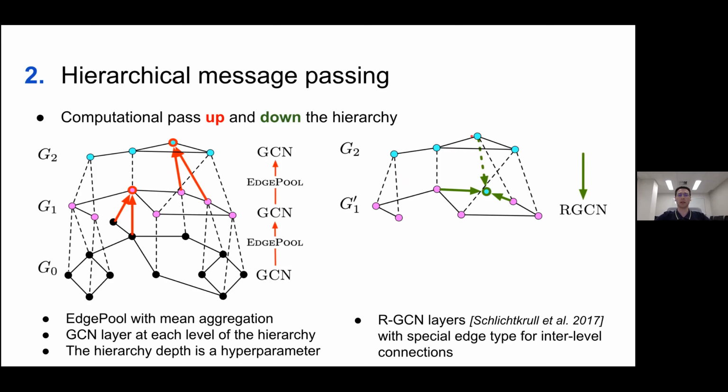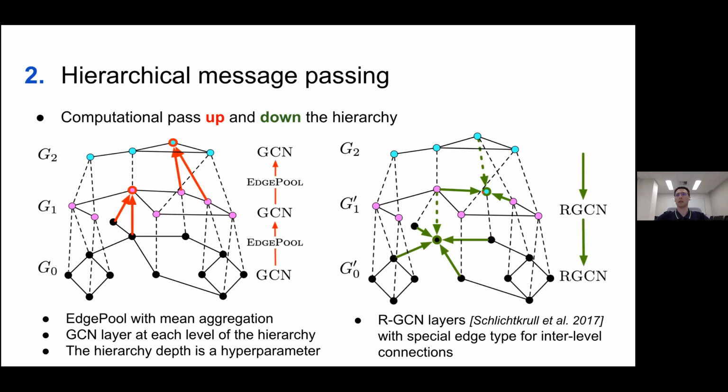So the model can learn that it's processing this hierarchical information in a different way than any other messages coming from the neighbors. And this way we go back down to the original graph and arrive at the final representation of the nodes in the graph that we started with.